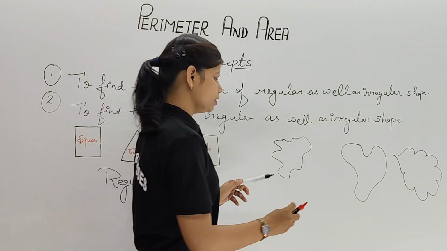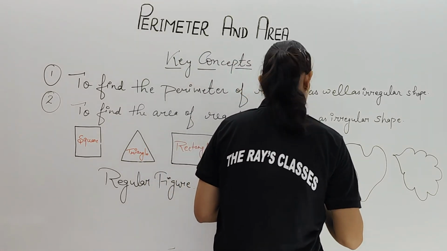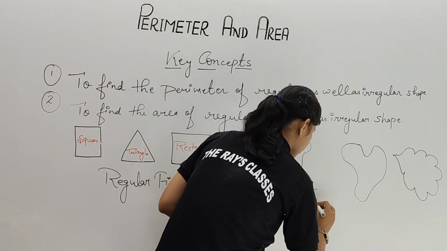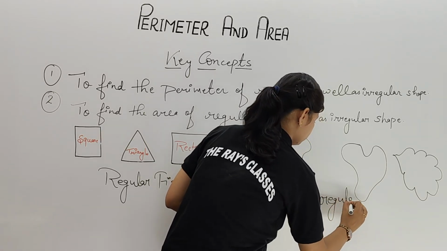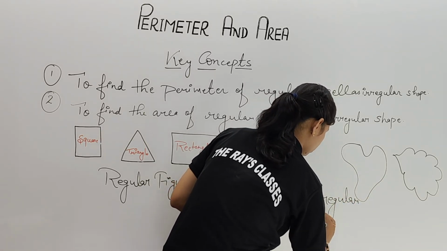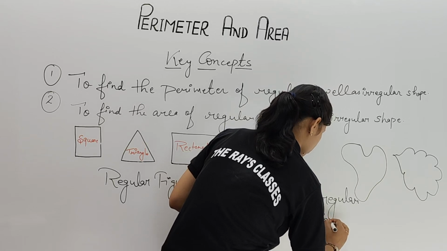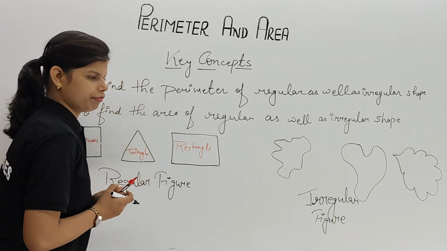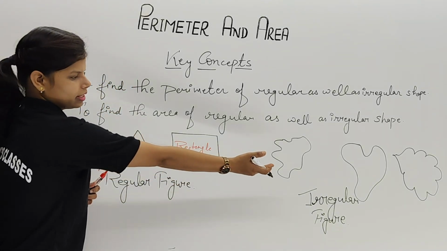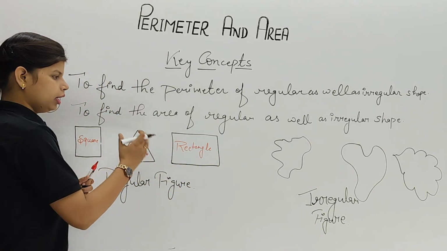So these are all irregular shapes or irregular figures. I hope you understand the difference between regular and irregular figures.